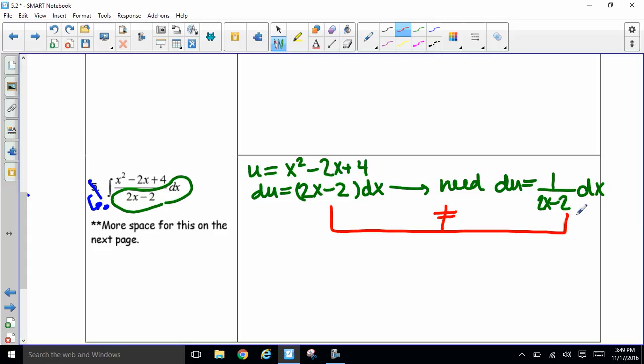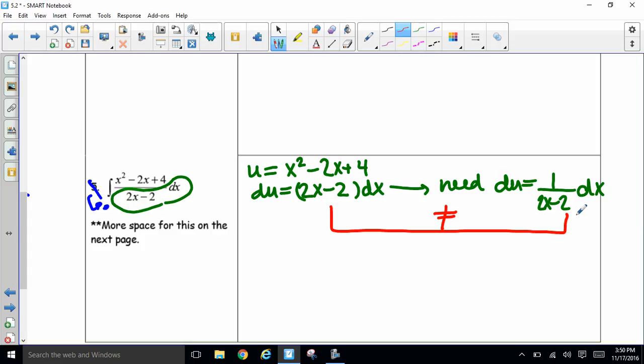There are some times where a good choice is the numerator because the derivative of the numerator turns out to be a fraction. Then by all means try it. But if your numerator is working out and you're seeing its derivative in the bottom, but the derivative of the numerator is not a fraction, then that's a problem.